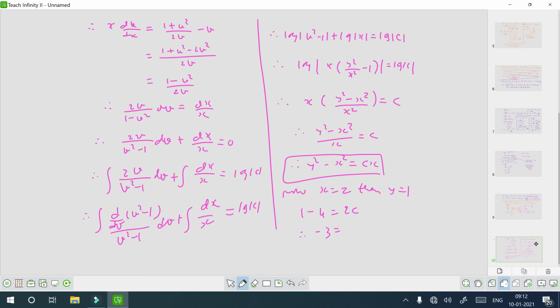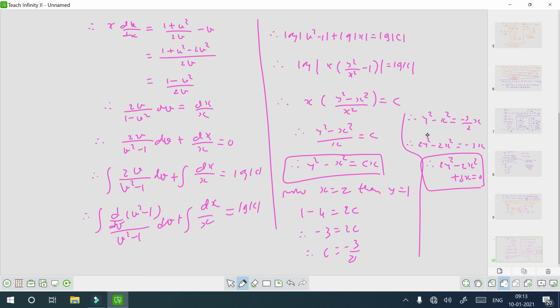So minus 3 is equal to 2c. c is equal to minus 3 by 2. And therefore y square minus x square is equal to minus 3 by 2 x. Therefore 2y square minus 2x square is equal to minus 3x. So 2y square minus 2x square plus 3x is equal to 0. This is the equation of the curve.